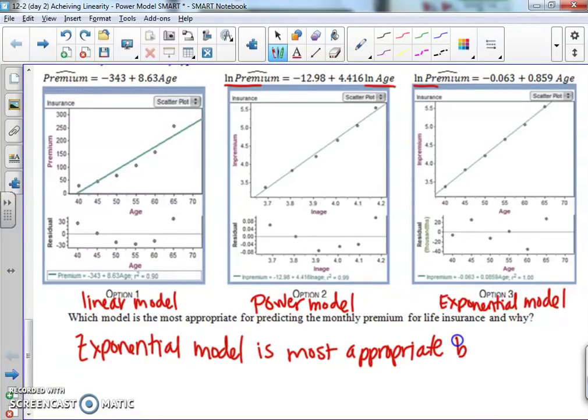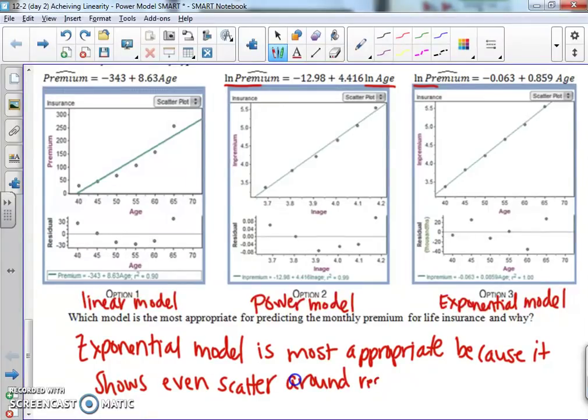because it shows even scatter around the residual line. Remember, this is the residual line right here, that one across the middle.